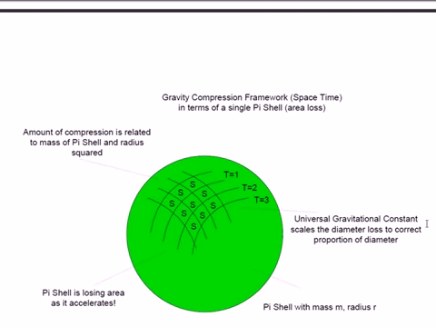So G, the gravitation, if you figure out the force of gravity, what you're actually doing is figuring out the area change of the sphere with respect to distance, right? Okay, that's all you're doing.